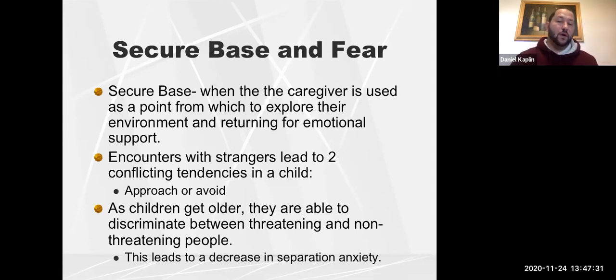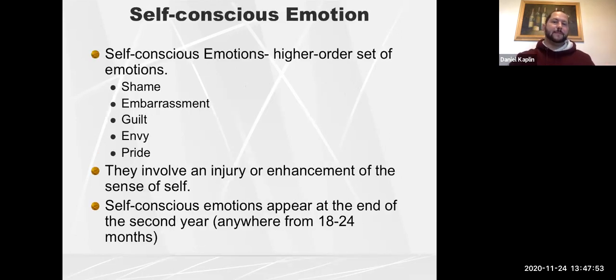And as you get older, we start to understand the role of strangers and acquaintances, and that's going to reduce the separation anxiety levels. So we're able to discriminate between threatening and non-threatening people, so that separation anxiety decreases. By about 18 months to 2 years old, you start to develop higher order emotions as well.